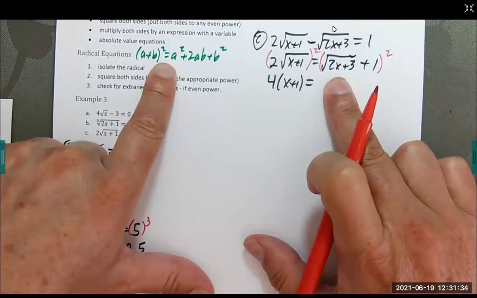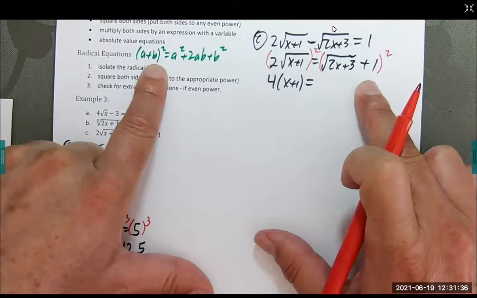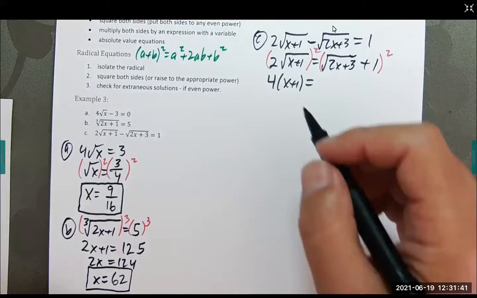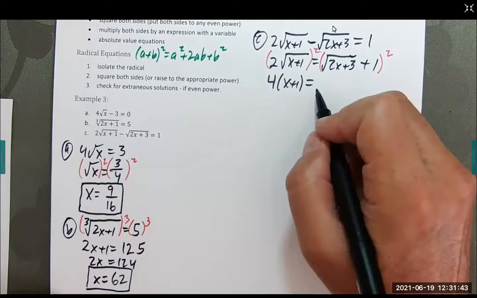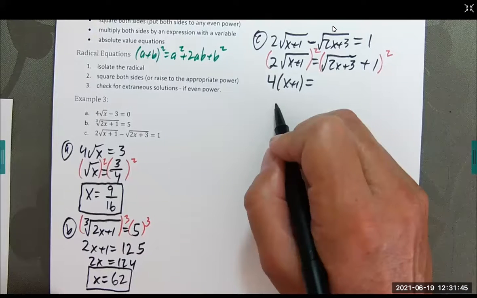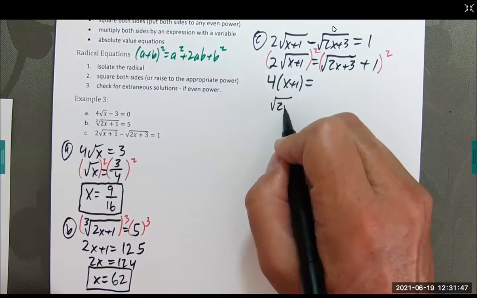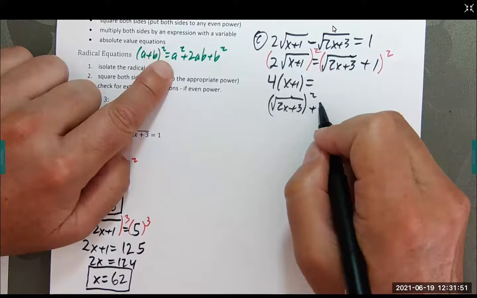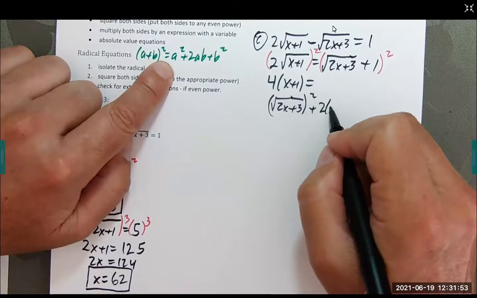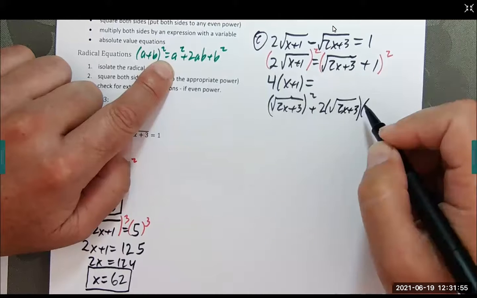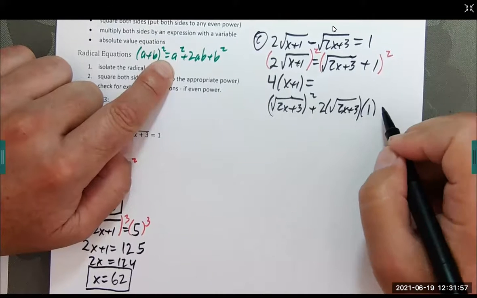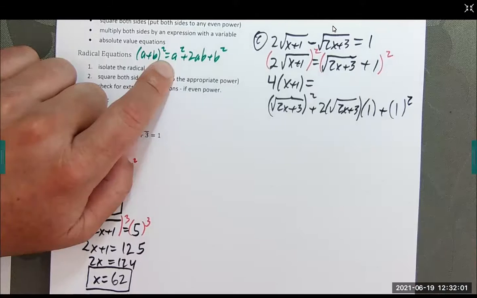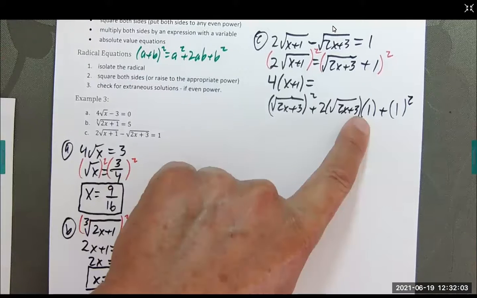B in this case is the 1. So here we go. So square root of 2x plus 3 squared, that's the a squared, plus 2 times the radical 2x plus 3 times b, which is 1 in this case, plus 1 squared. A squared plus 2 times a times b plus b squared.